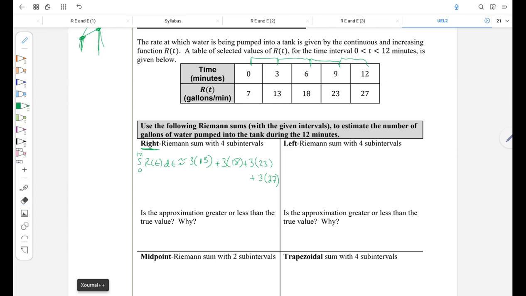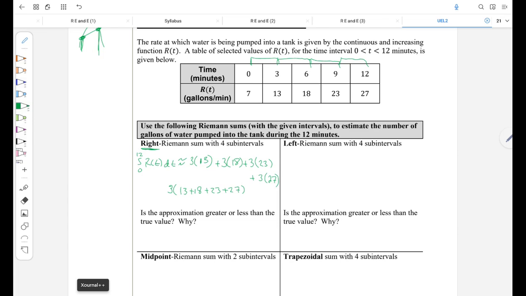If this is something you have to do in your head and all of those intervals were the same, the way I would do this is 3 times the quantity 13 plus 18 plus 23 plus 27, because that's equivalent to what I have written there. I'd do the 23 plus 27 first, because that's 50.